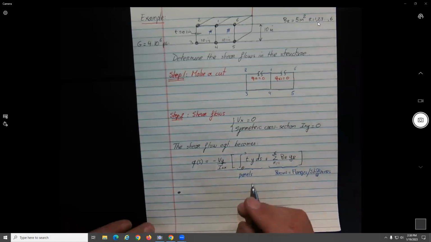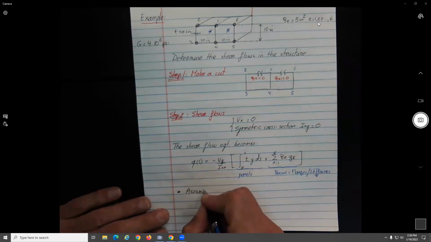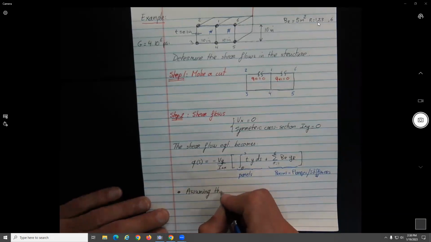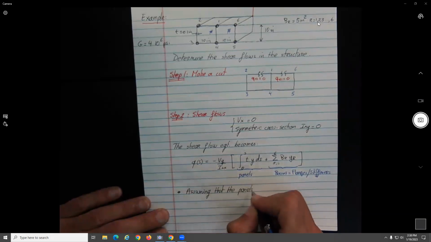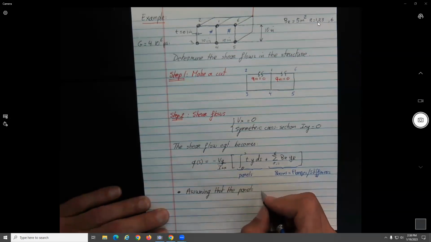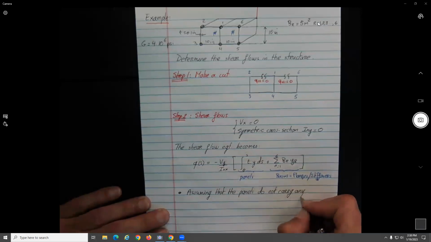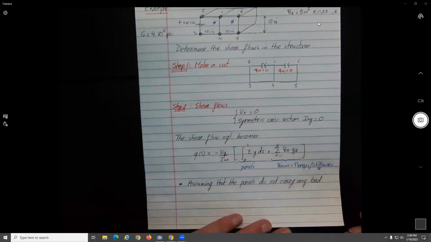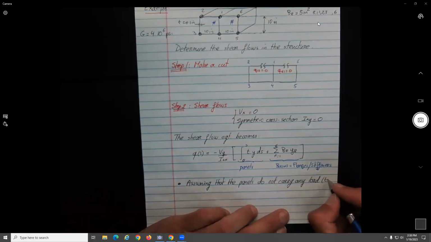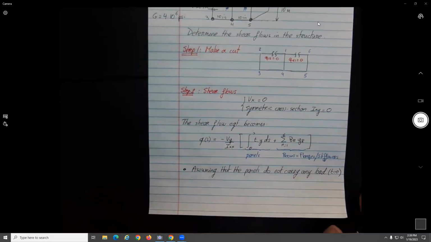So we put it here, assuming, and this is a very common assumption, that the panels do not carry any load. Basically, that assumption is not perfectly correct, but mathematically it works. Let's say there is no skin, so you put T equal to 0.